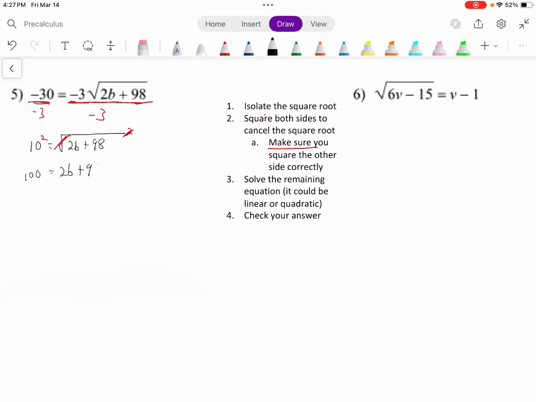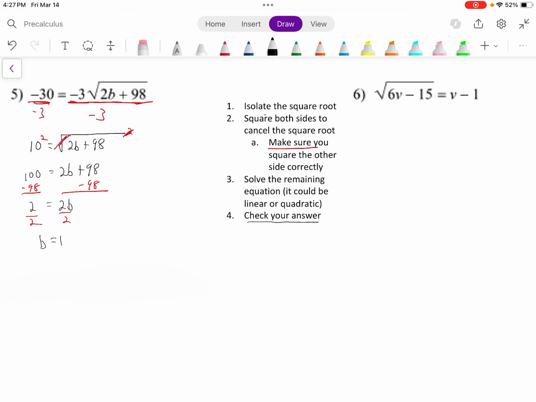Now that we've squared both sides, we eliminated that square root, and this is a pretty easy equation to solve. We'll subtract 98 from both sides. That gives us 2 equals 2b. Dividing both sides by 2, we get b equals 1. Now, when we take square roots, we do have to check our answer because we could get extraneous solutions.